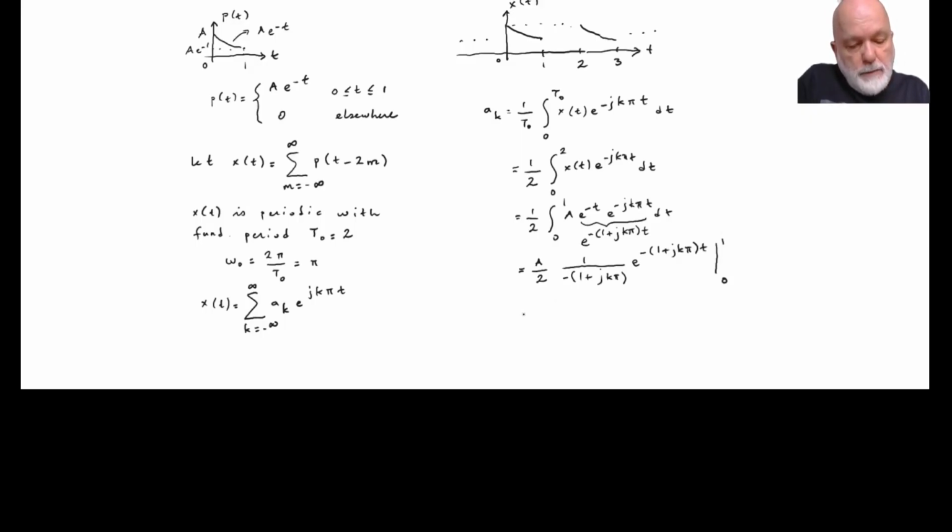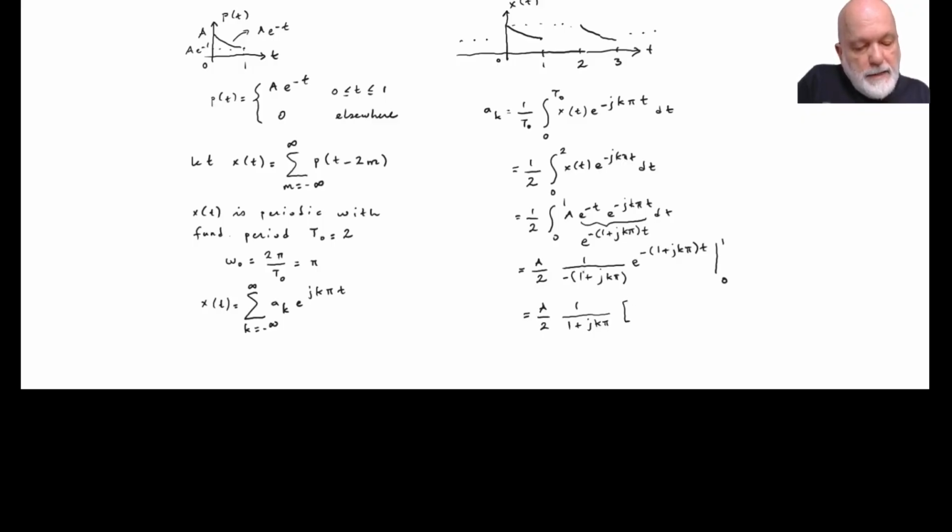Okay, so to get rid of this minus sign, first evaluate at 0. So we have a over 2, and also 1 over (1 plus j k pi) is the common term.